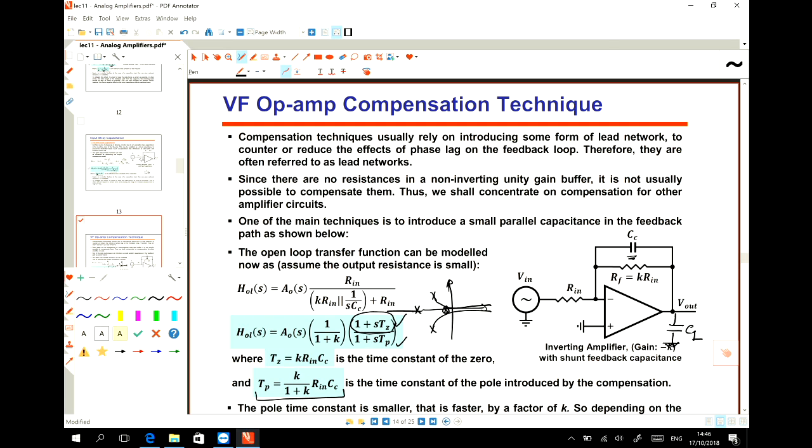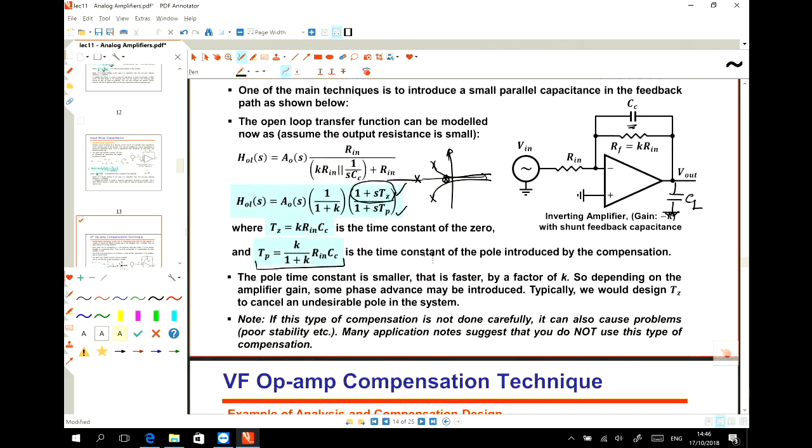And then we can tune this capacitance in such a way that the zero that it generates compensates the pole which is generated by the parasitics, and then the pole that it generates is, for example, far away from the operating frequency. This is how it can help us to compensate the effect of the parasitics.